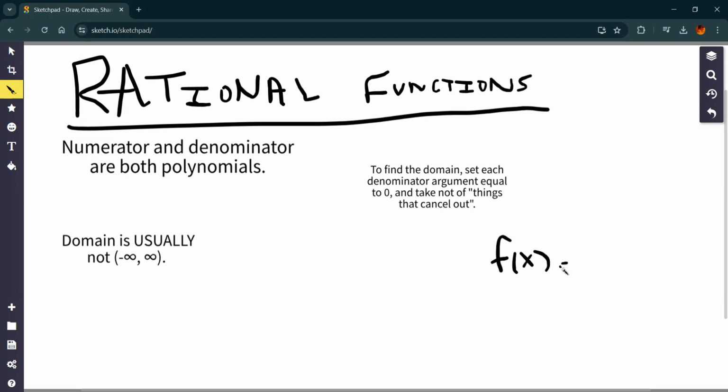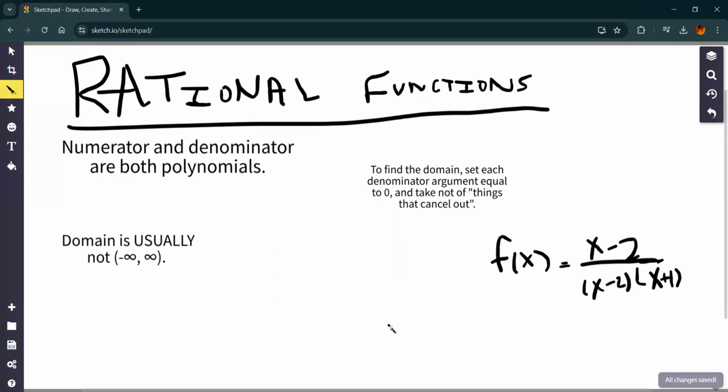So if I just had an example here, maybe I would say this. This is one of your classic types of examples of what one of these would look like.